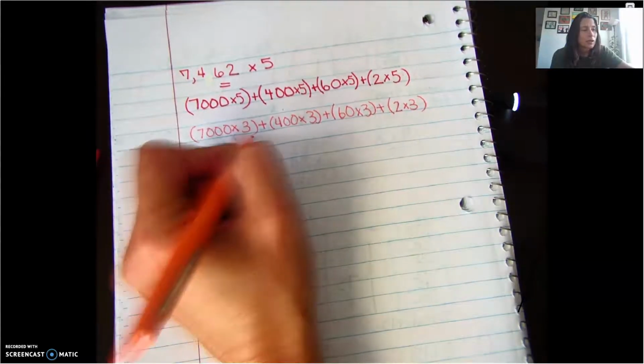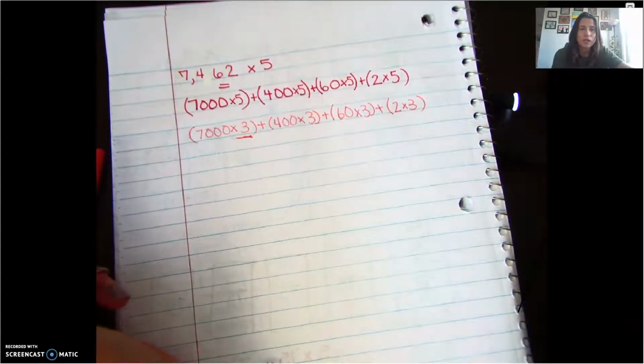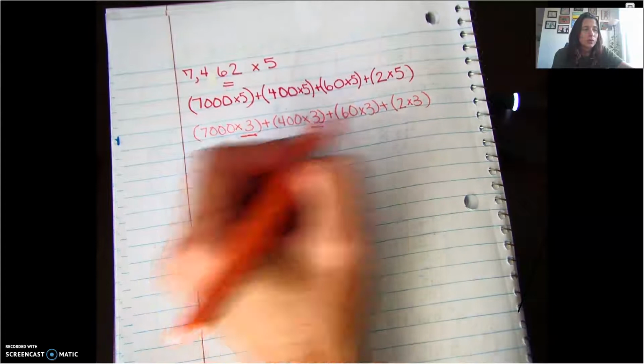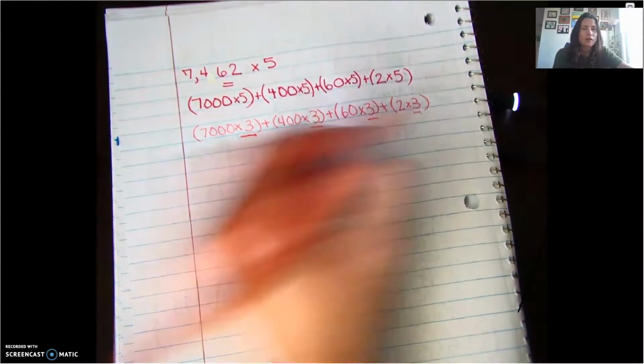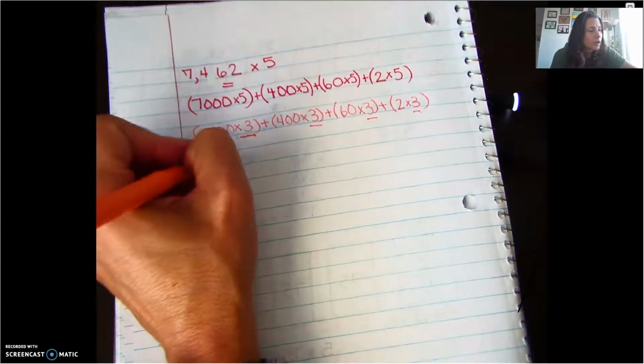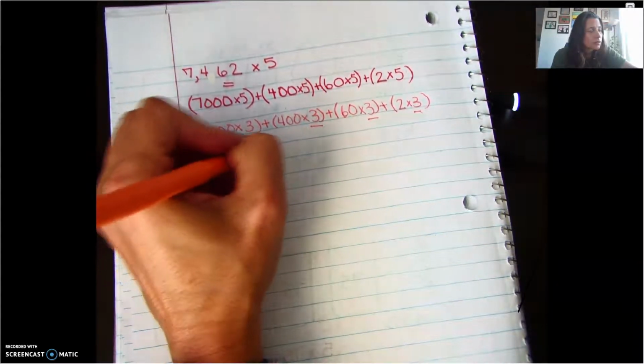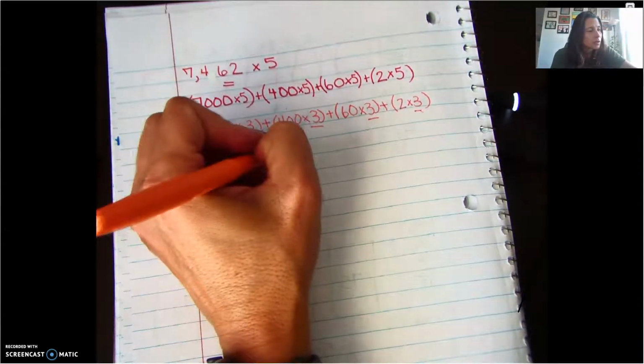And it would be because should it be multiplied by 3? No, it should be multiplied by 5. Okay, now what about this one?